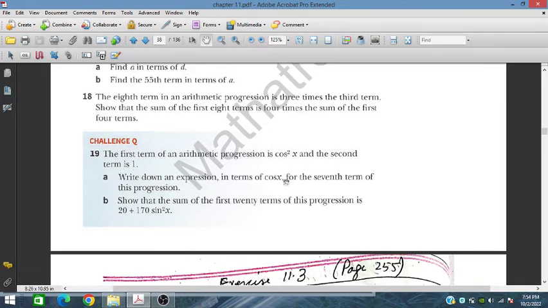Write down an expression in terms of cos x for the seventh term of this progression. That is a7, where n is 7. And second, show that the sum of the first 20 terms of this progression is 20 plus 170 sine square x. So we will solve this part A and B.